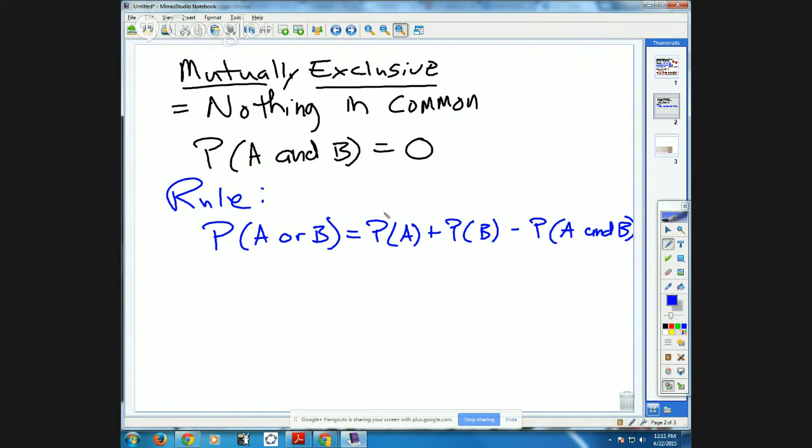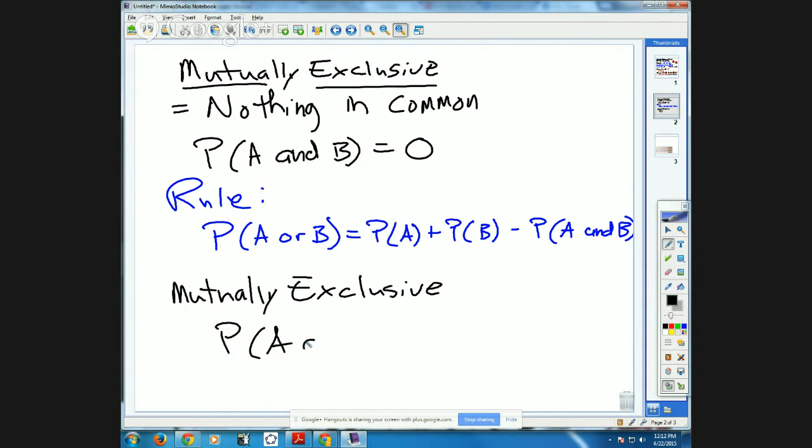So that's the general rule. If it's mutually exclusive, then the rule simplifies a little. And I get the probability of A or B is simply the probability of A plus the probability of B.